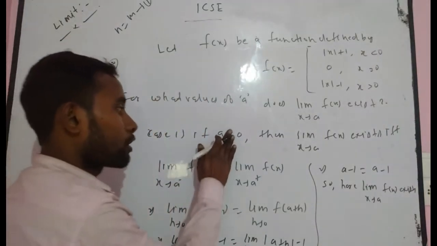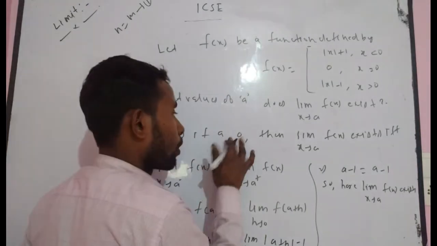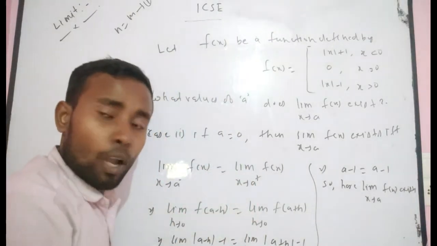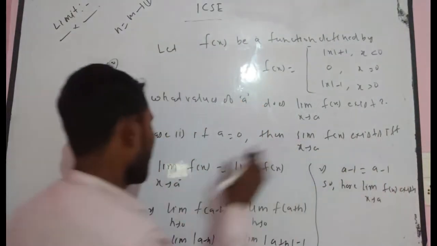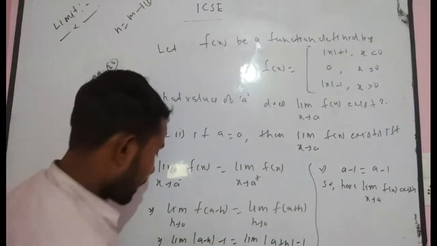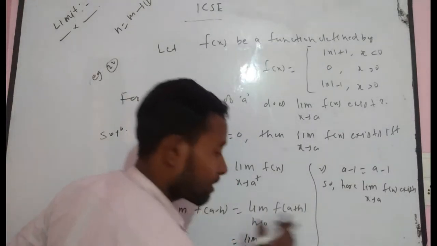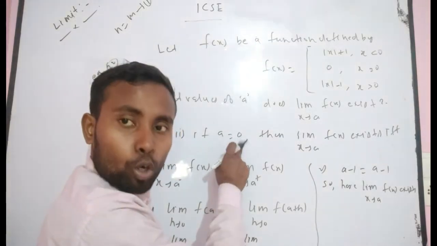Similarly, we have to check in the second case when a is equal to 0. When a is equal to 0, then limit x tends to a of f(x) exists if the left hand limit and right hand limit are same. Now you have to choose the function. It says that x is equal to 0, a is equal to 0.